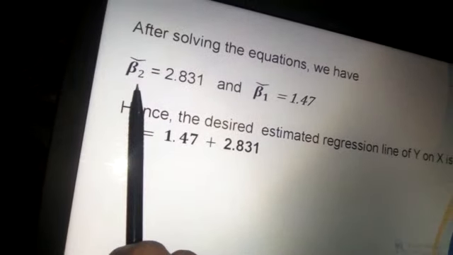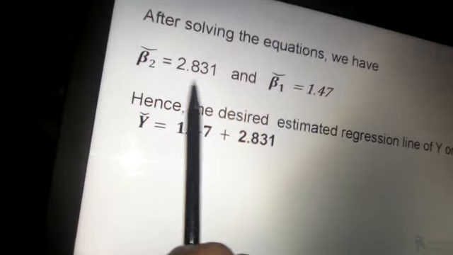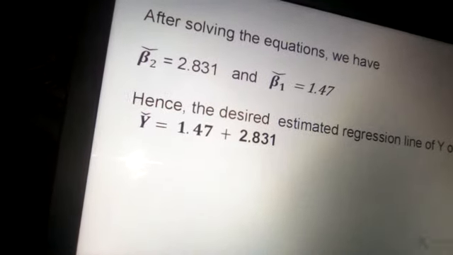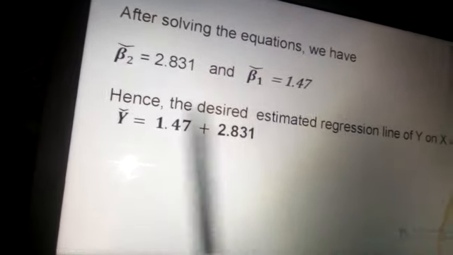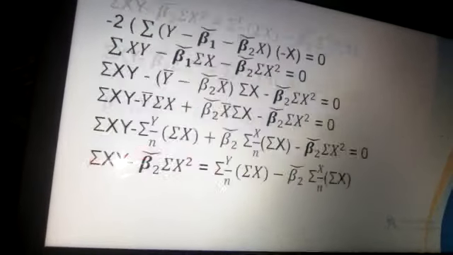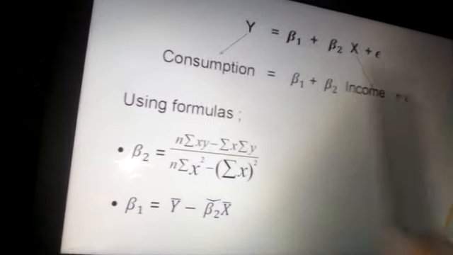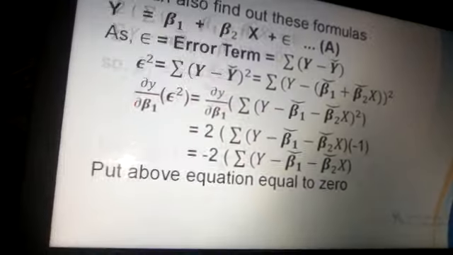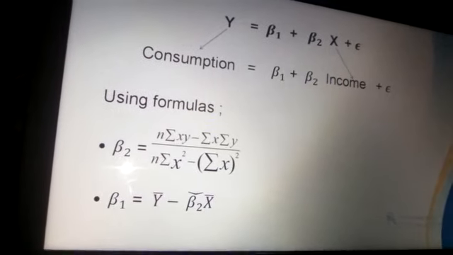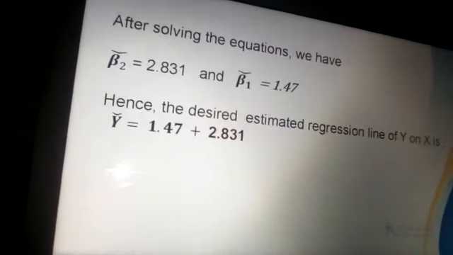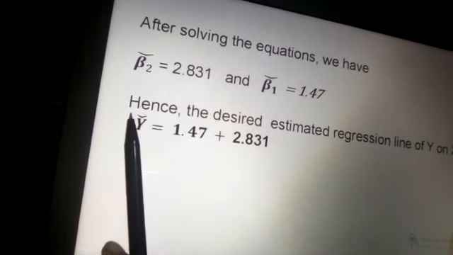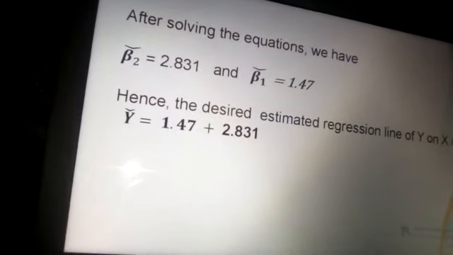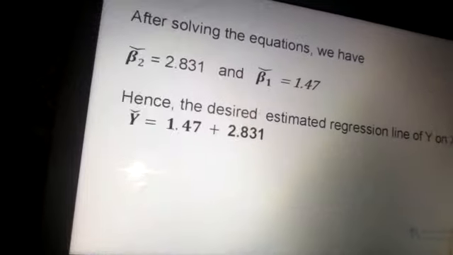After solving the equation, we get the value of beta 2 hat as 2.831, beta 1 hat is 1.47, and after putting the values in the equation, I have y hat equal to 1.47 plus 2.831.